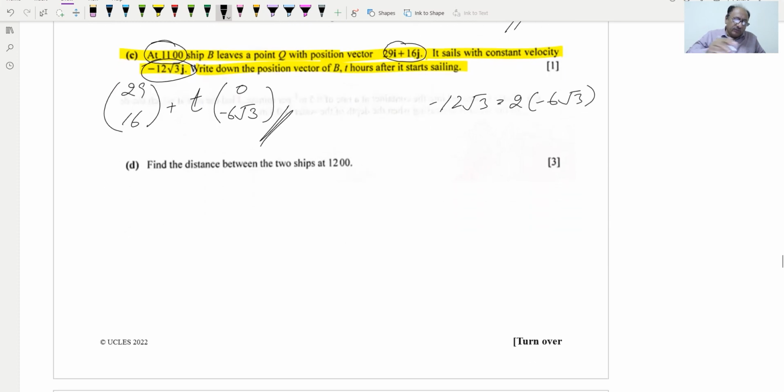Hopefully you got this. Now the D part says find the distance between the two ships at 12.